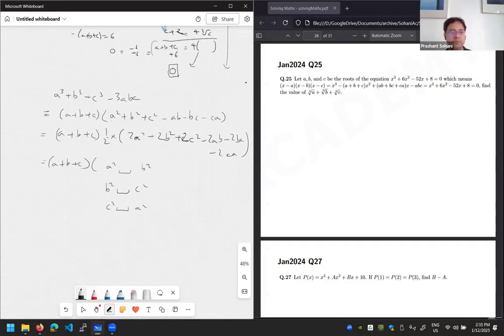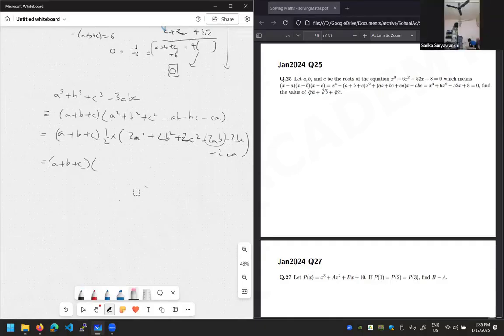For a square and b square, I need the middle term of minus 2ab, and I exactly have minus 2ab here. So like that, this can nicely be rearranged into these three separate terms. Therefore, if I write it a little bit more cleanly, the bracket is now equivalent to half, which will remain outside, and inside the bracket I'm going to get a square minus 2ab plus b square.